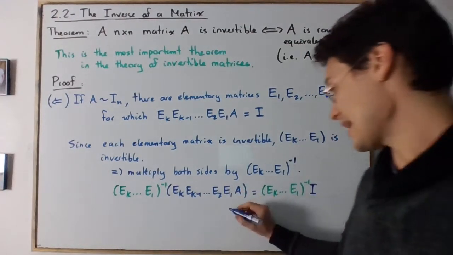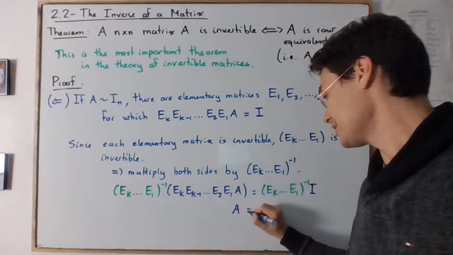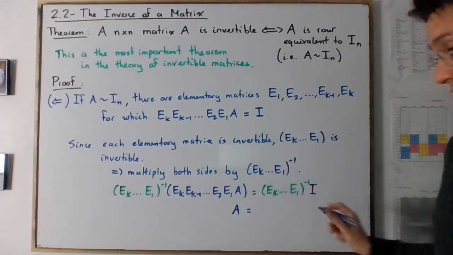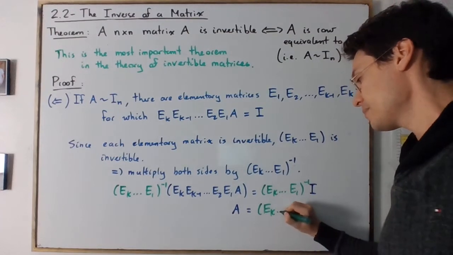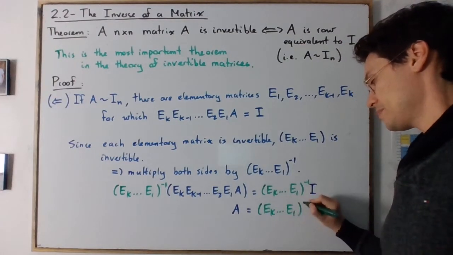You can say that this translates into A being equal to just this thing, the inverse of E_k down to E1.